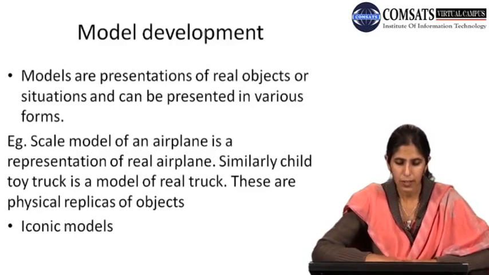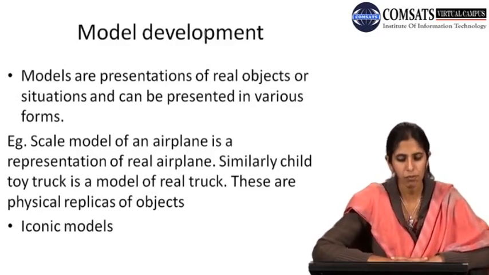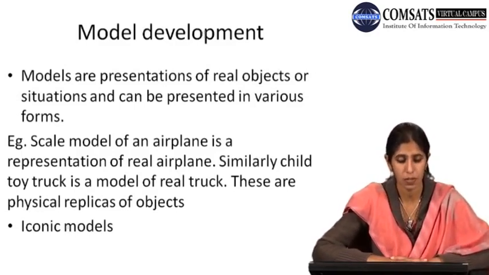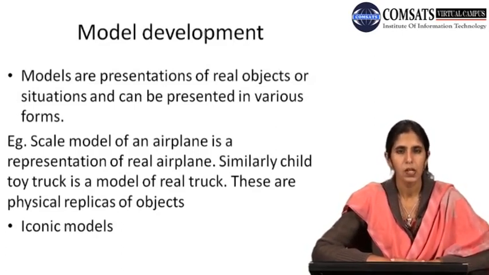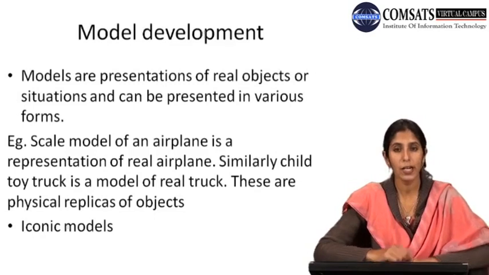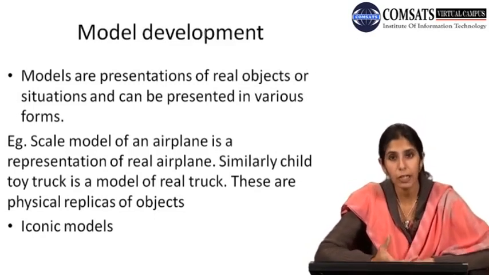Now a model describes a real object or situation which can be presented in various forms. One is the scale model of an airplane, which is a real presentation of an aeroplane. Similarly, a child's toy truck is a model of a real truck.